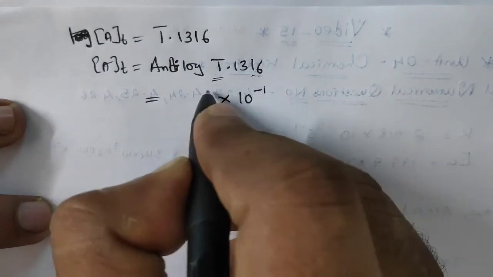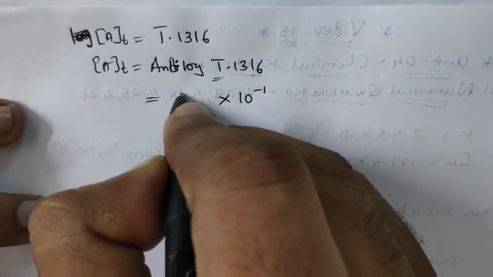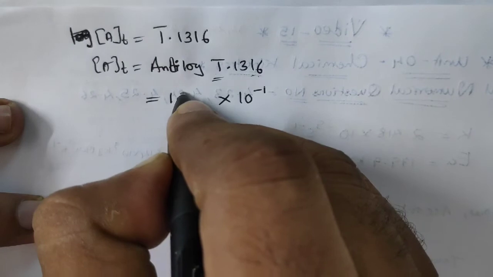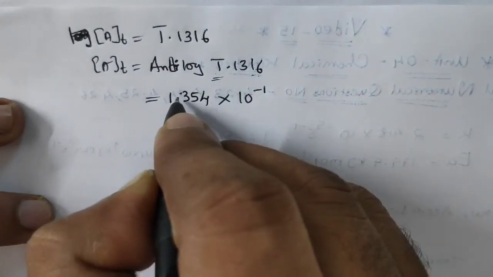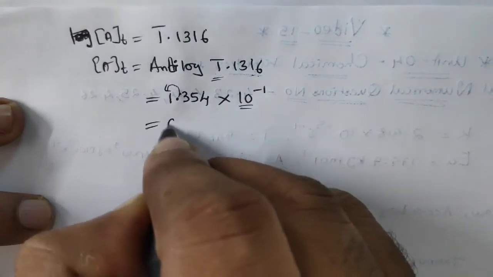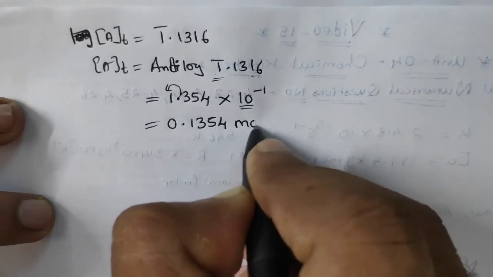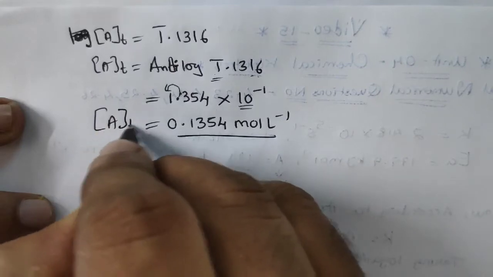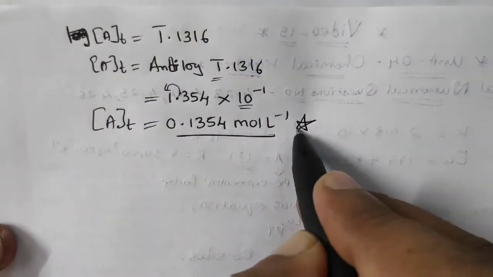If you see in the anti-log table, you will get 1.354. And to remove this power, we take it to the other side, so 0.1354 mole per liter, that is the concentration at 100 seconds. Understood? So this is the answer.